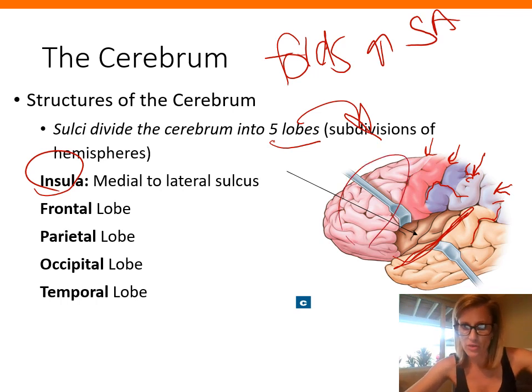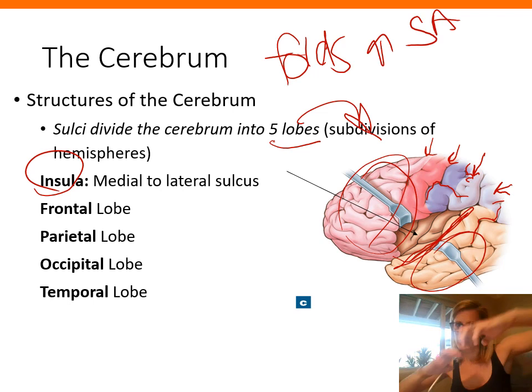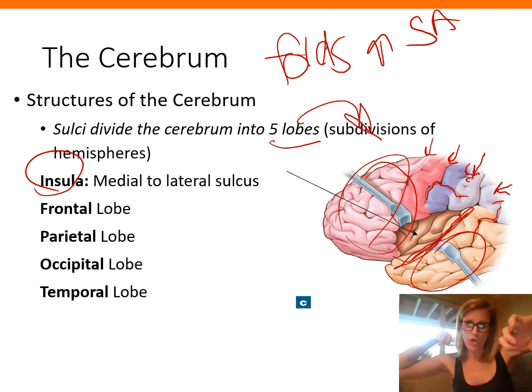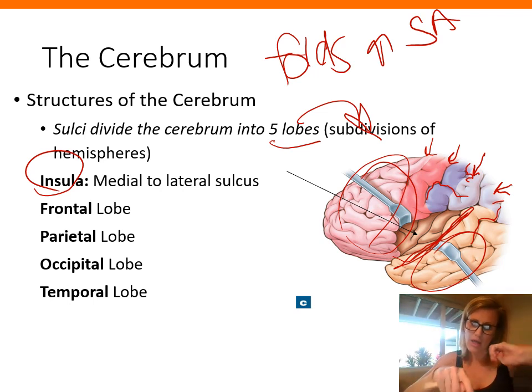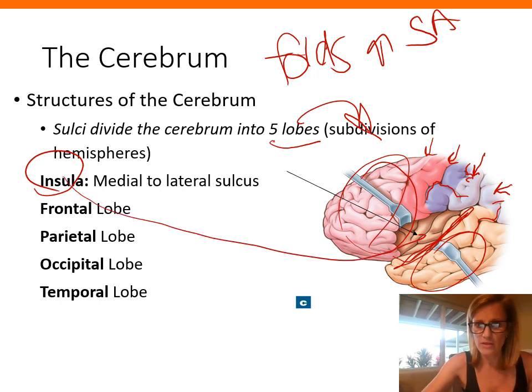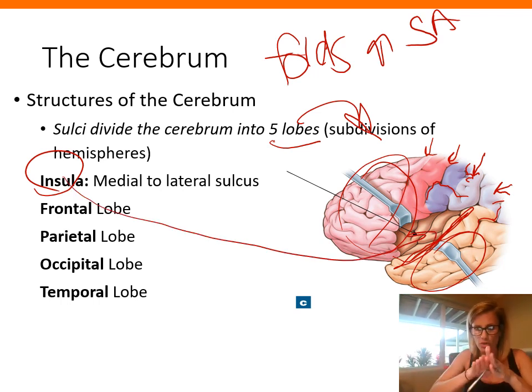This is the frontal lobe here, and this is the temporal lobe. If you separate those from each other and pull them apart, you can look deeper within the brain, and that's where you'll see the insula. So the insula is just deep within, and then when you close those up, you don't see the insula anymore because it's underneath everything else, it's its own little area.